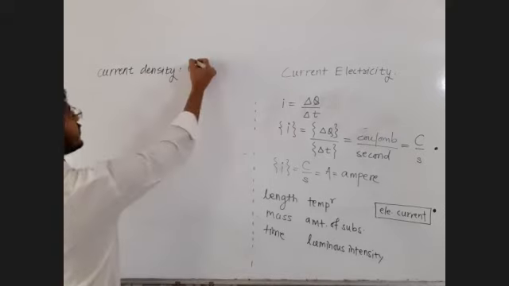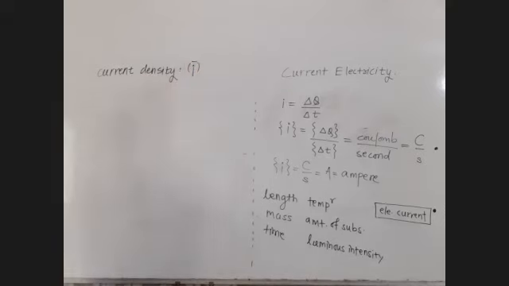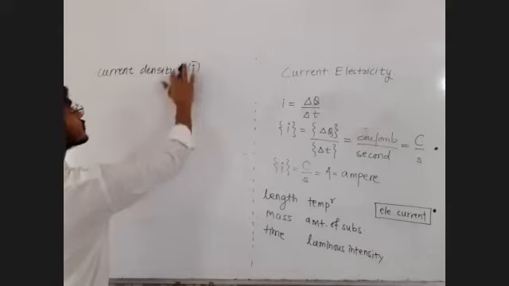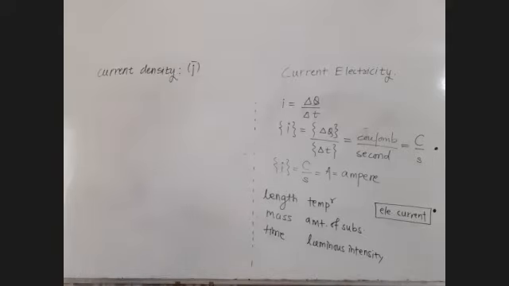It's a vector quantity. Instead of saying J cap, we will say J bar. Okay, current density is a vector quantity.